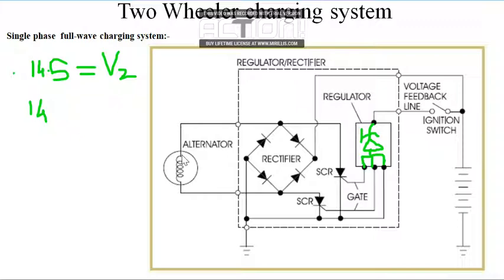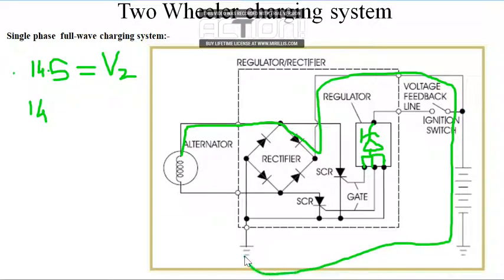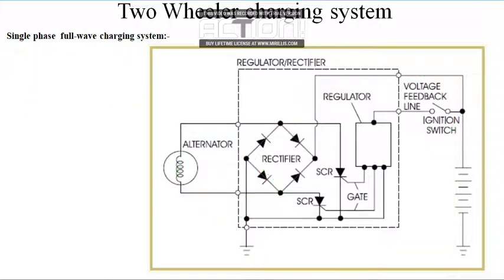Whenever it develops 14, at that time, without any regulation, your battery is supposed to charge this way, or in the reverse way in the other cycle.